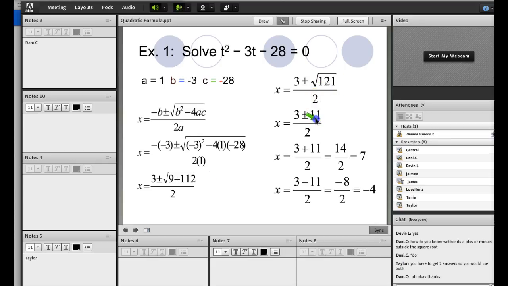And if you don't know, the square root of 121 is 11. So one of your roots is 3 plus 11 divided by 2, and the other one is 3 minus 11 divided by 2. If we were to graph this quadratic equation, we would see that it crosses the x-axis at 7 and negative 4. All right? Make sense? Okay.